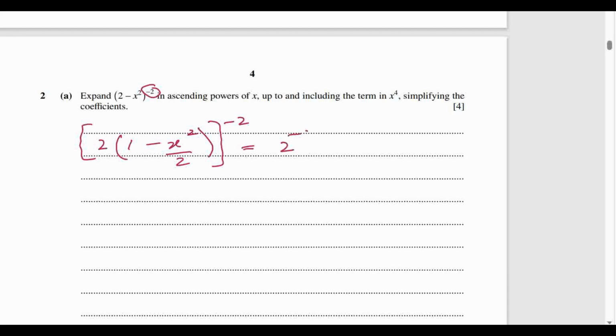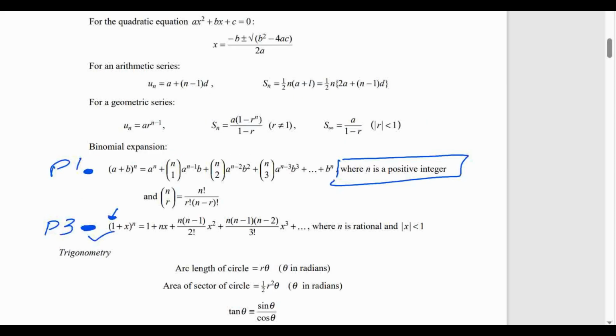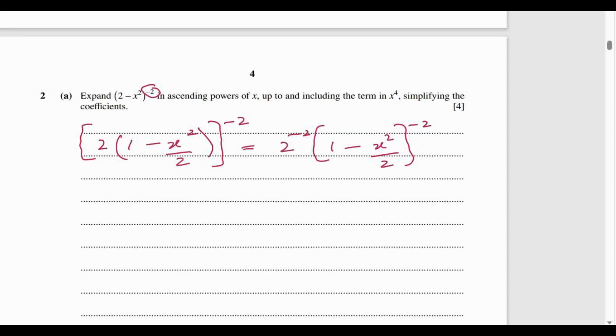So 2 power minus 2 into (1 minus x square by 2) whole power negative 2. So you can see the formula, 1 plus x. Here the x is x square by 2. So we can write it as 1 by 4.